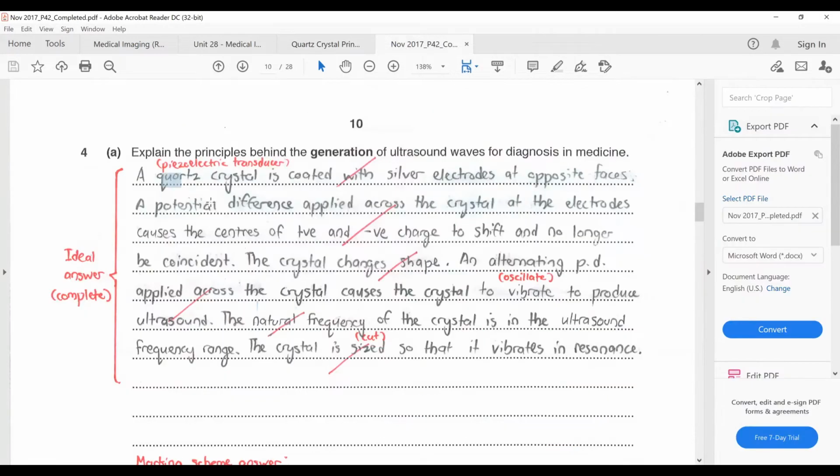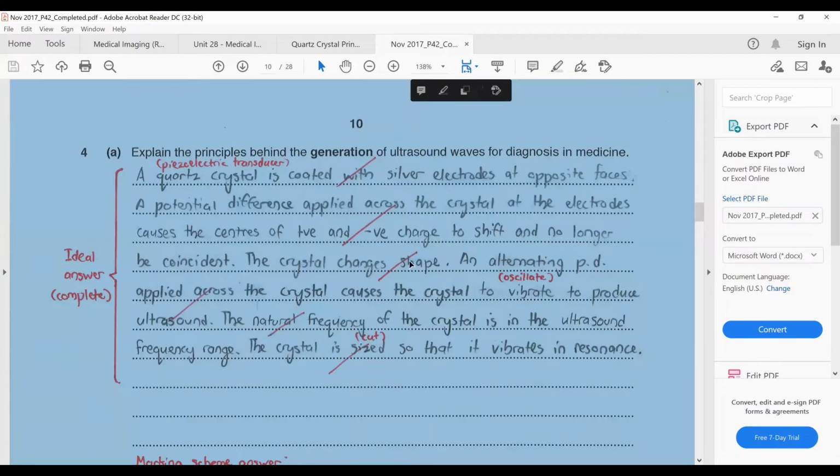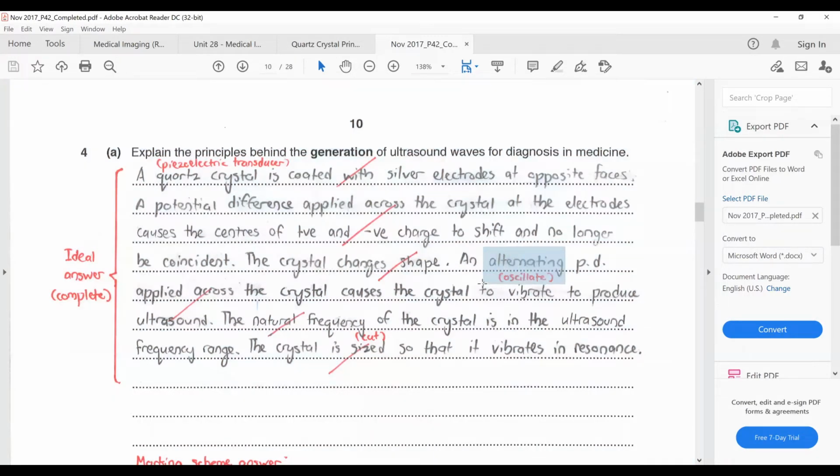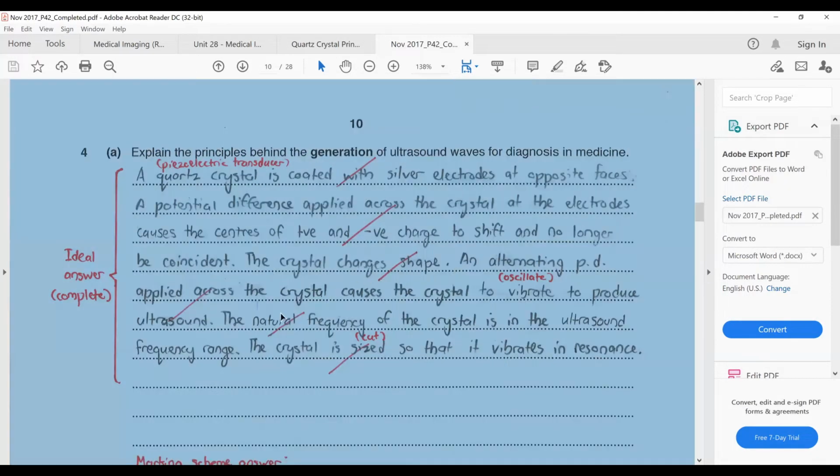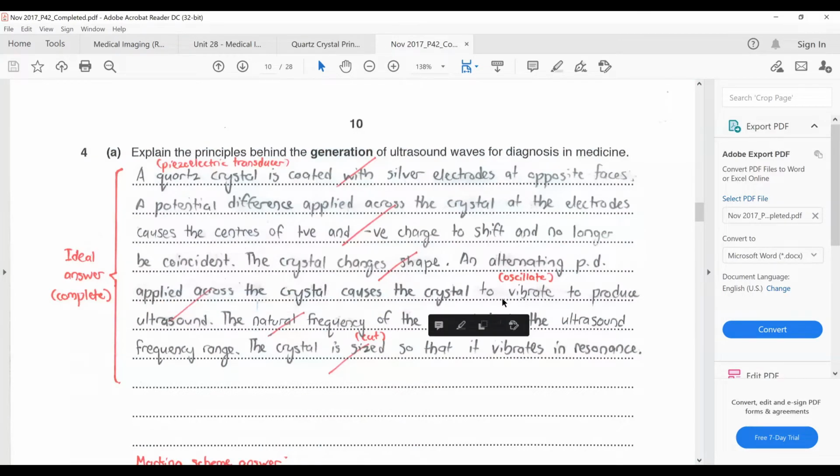That is what this one means. The crystal changes shape. This is you applying a particular PD, but if you apply an alternating PD or continuously changing PD, that will mean that your crystal will continuously change shape. In other words, it is vibrating. So when it vibrates, it will produce ultrasound.